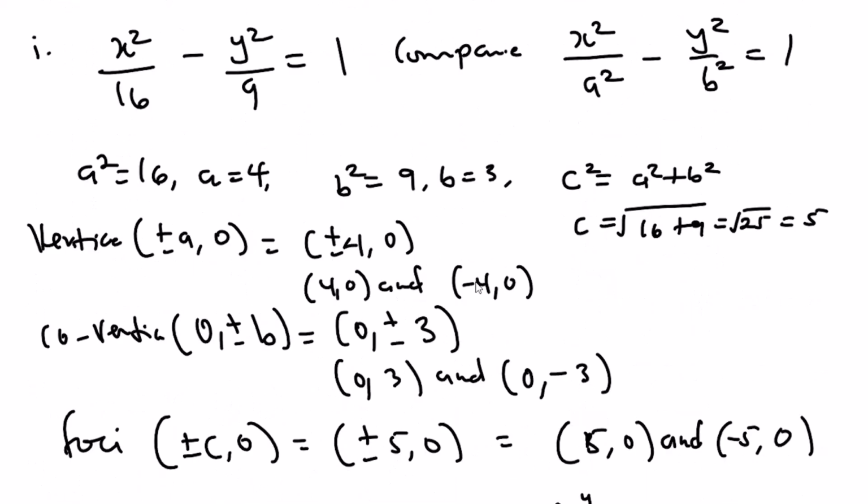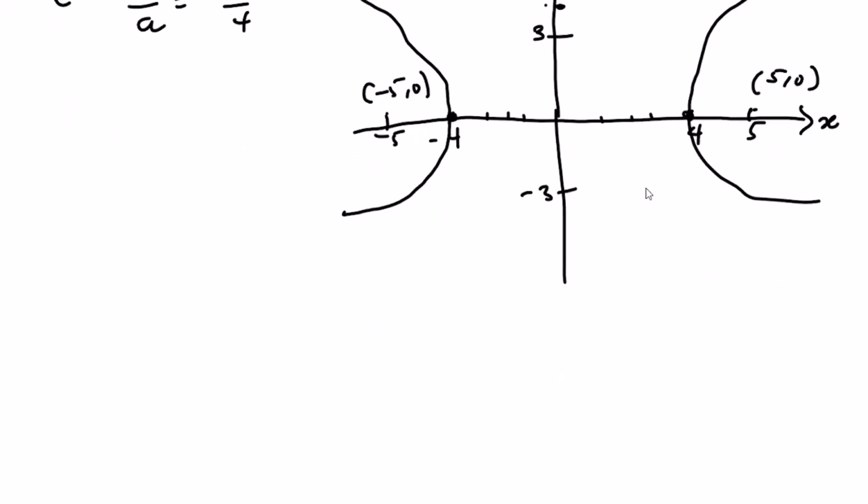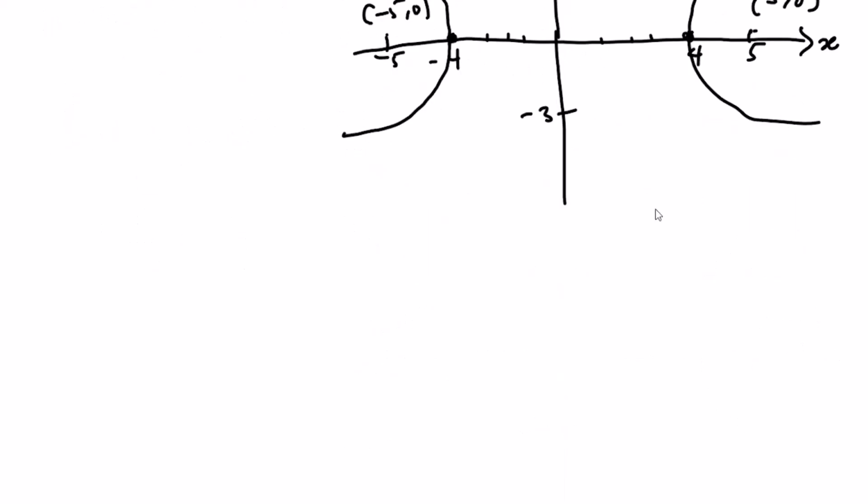Now, let's move on to that of part ii. We have y squared on 9 minus x squared on 16 being equal to 1.